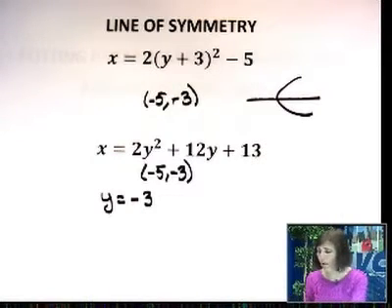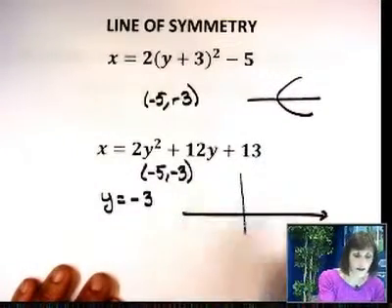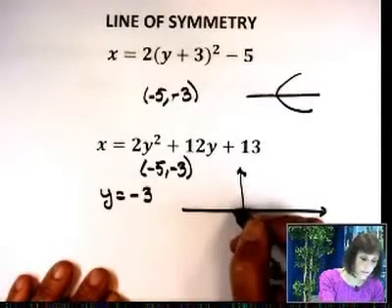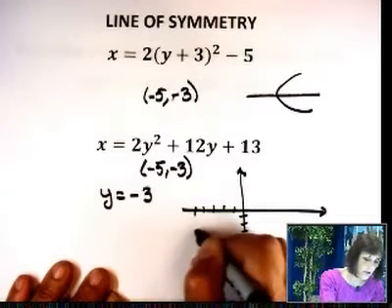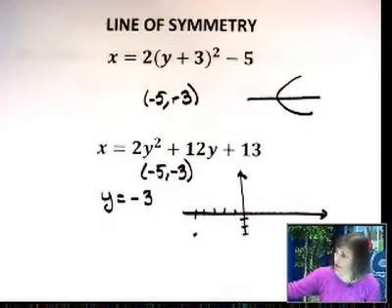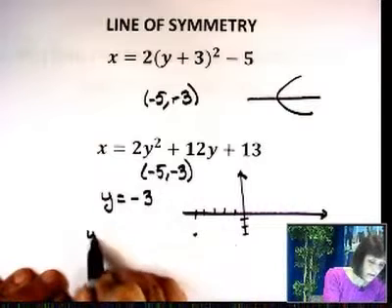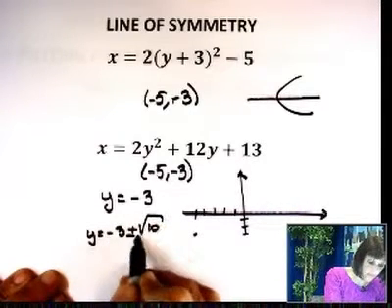So if I were to draw this parabola, I'm going to have my vertex at -5 and -3, 1, 2, 3, 4, 5, and -3 right here. And what did I get for the y-intercepts? I got -3 plus or minus this number.